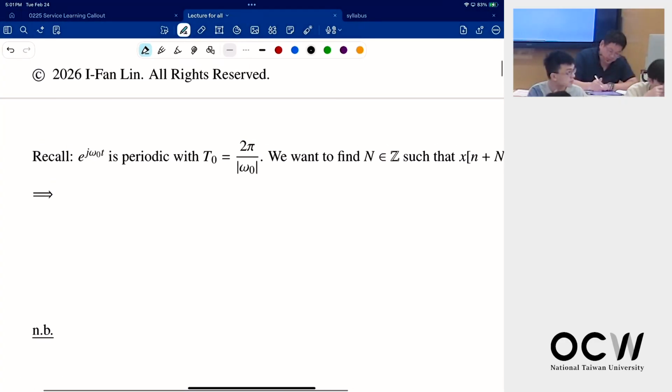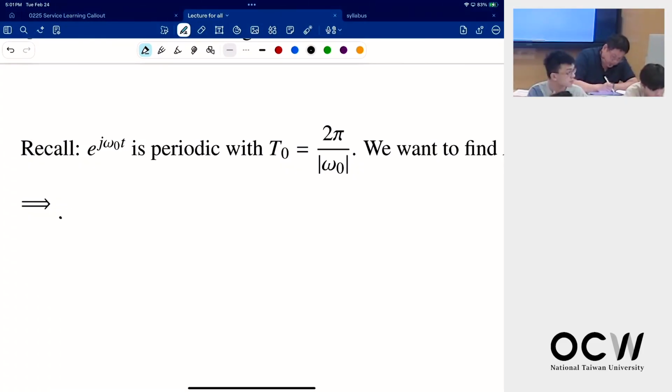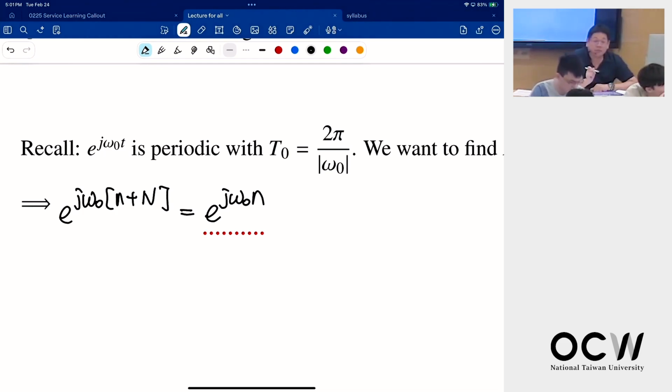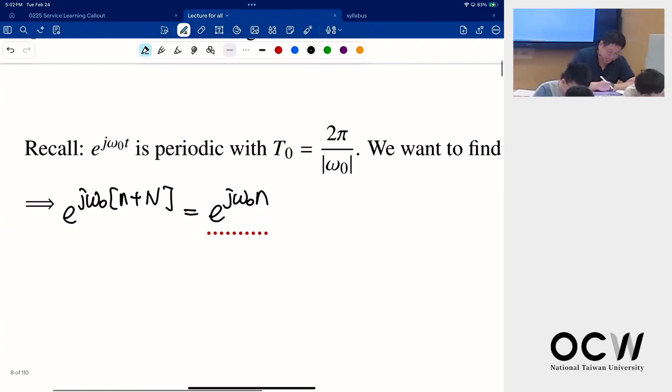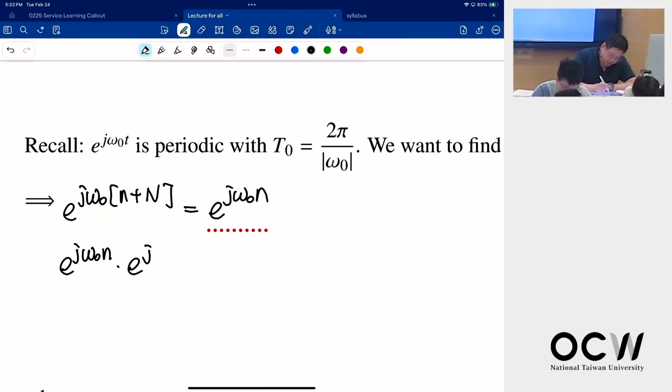So first, e to the j omega naught (n plus capital N) should be equal to e to the j omega naught n. Then we can say that they are periodic. But let's check this. This one is e to the j omega naught lowercase n times e to the j omega naught capital N. That's equal to the right hand side.